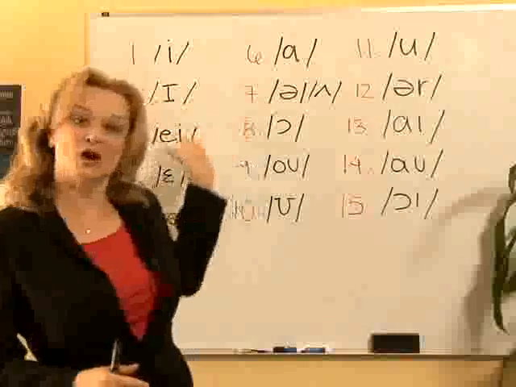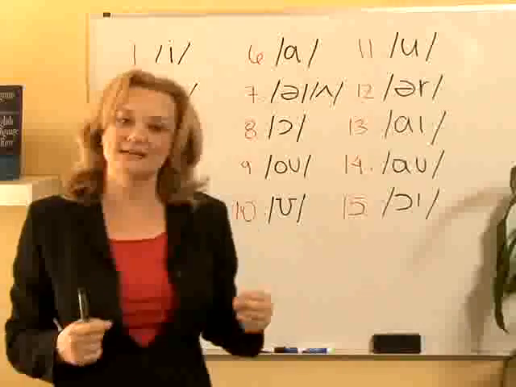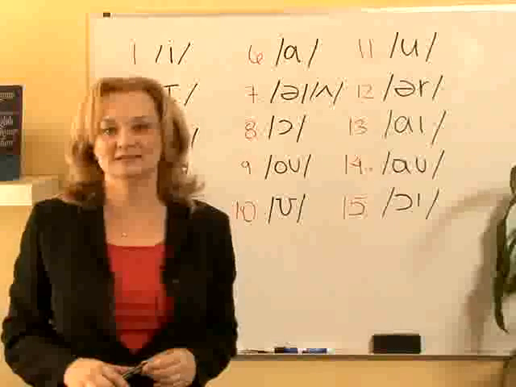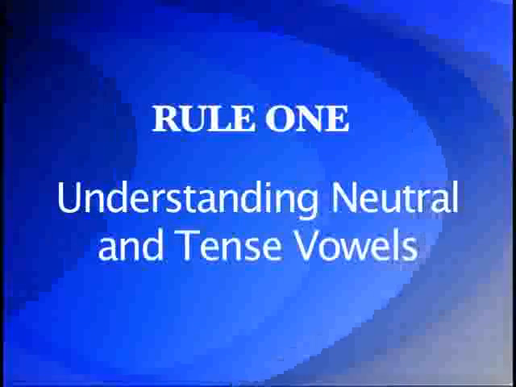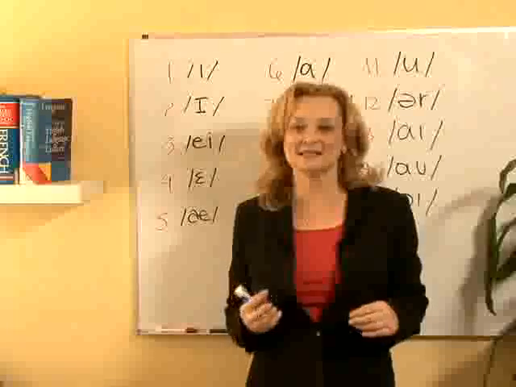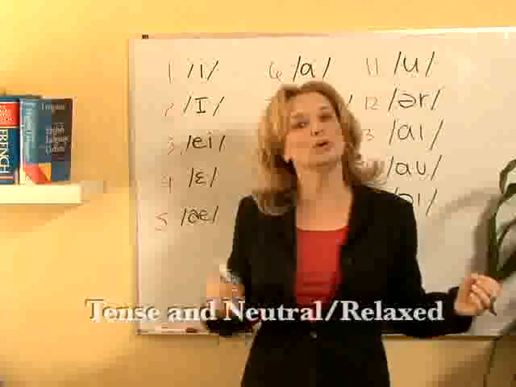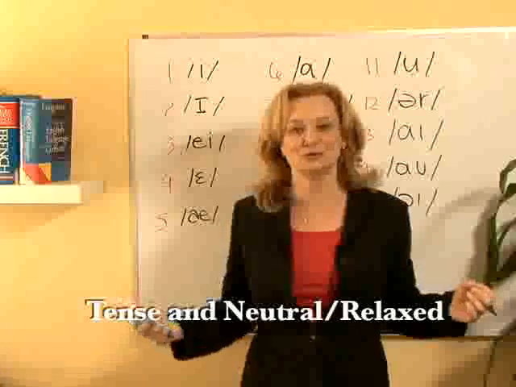So these are the 15 vowel sounds of American English. Now let's study them in more detail. We categorize vowels as either tense or neutral, or sometimes we say relaxed instead of the word neutral.